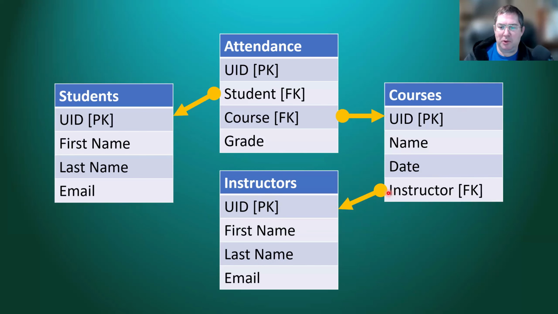Over here, you have courses, and again you have a unique identifier as a primary key, the name of the course, the date, and a foreign key pointing to the instructor primary key. That's because instructors have courses and they need to be related. And attendance is student to course, so you have the student foreign key and the course foreign key. The primary key is your reference, and then there's some additional data on the attendance table.